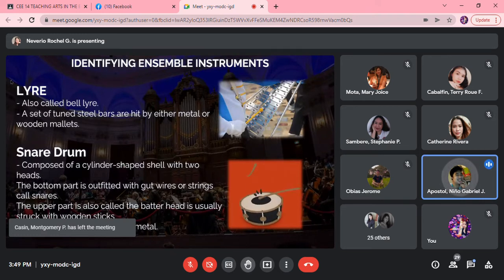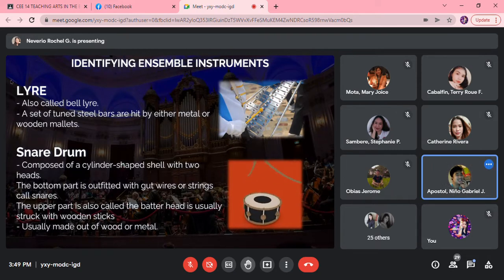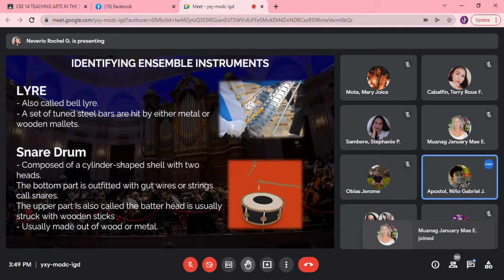And lastly, the snare drum can sometimes be used as a solo instrument. It is usually made out of wood or metal. Yung size niya, cylindrical shell of wood or plywood or pwede ring metal, 5 to 12 inches high and 14 to 16 inches in diameter.